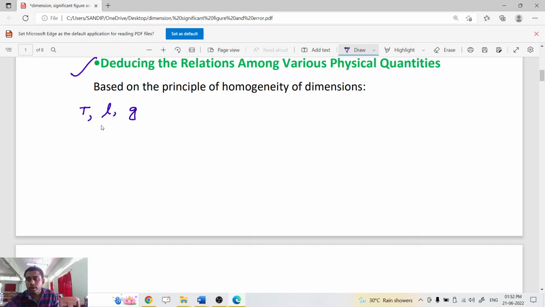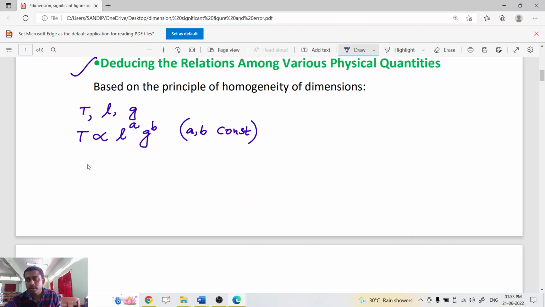At first we take that time period T depends on length and g. We take T proportional to l to the power a and g to the power b, where a and b are constants. Now we have to know the dimensions of these quantities.